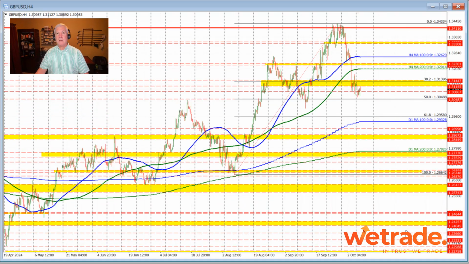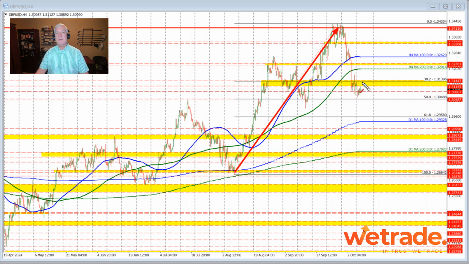Finally, let's take a look at the sterling versus US dollar. In this currency pair, we saw a move to the downside yesterday, a rebound back up toward this swing area right here, which we outlined between 131.14 and 131.44. The 38.2% retracement of this move to the upside is also within that area, but the sellers came in early against that level, as you can see, and we are currently trading near the highs, but backing off away from that 131.14 level.